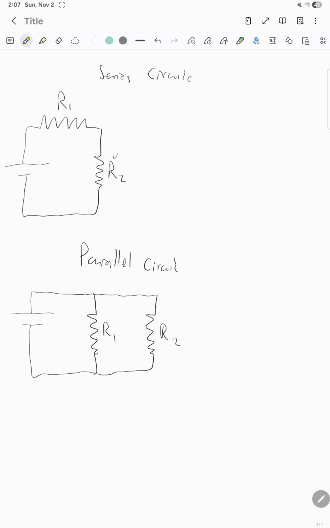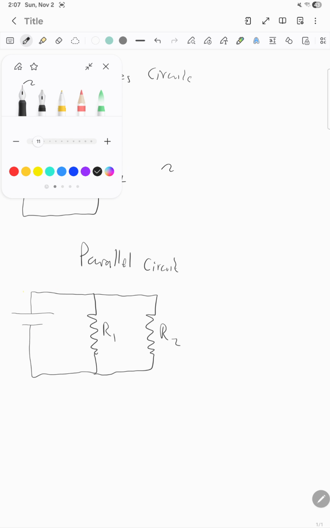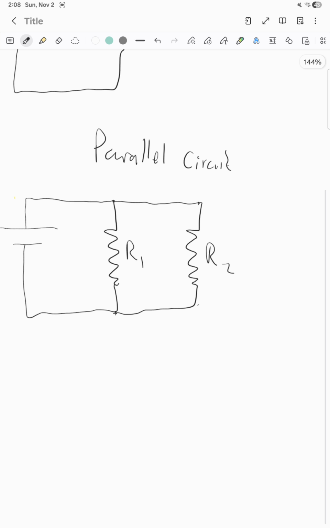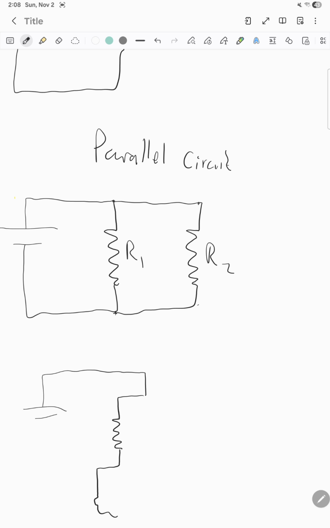You could see that these two resistors are parallel to one another, but they must be connected to the same point. So it's not always parallel if it visually looks parallel. For example, you have a source here, and you could have a resistor here, but then that is connected to something else, to another sort of circuit.